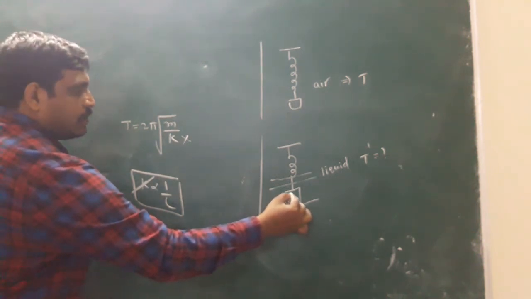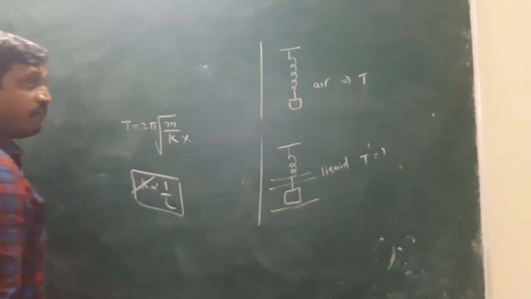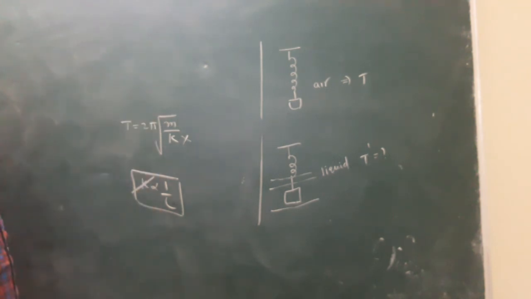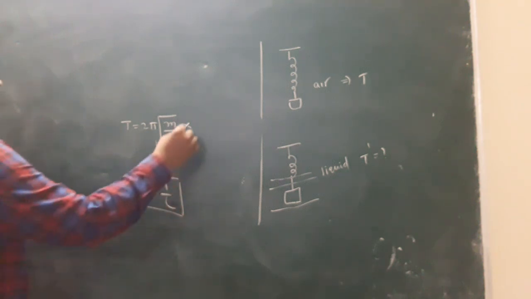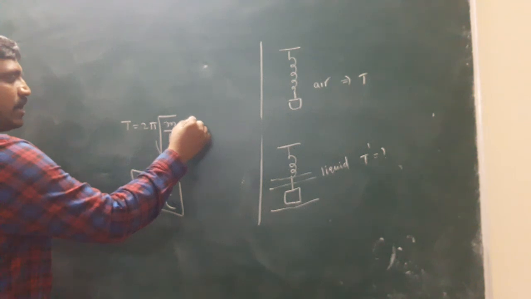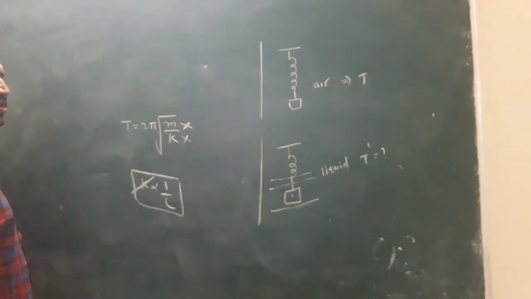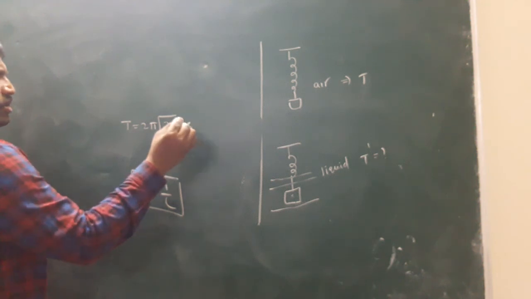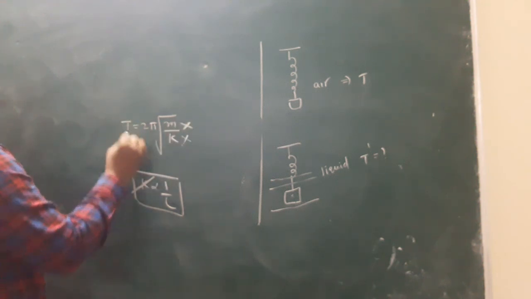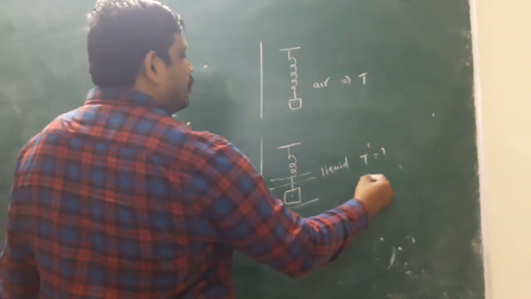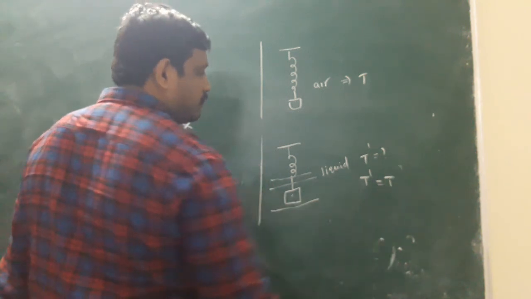When this body is placed in liquid, weight decreases because of buoyancy, but mass does not change. Weight changes, but the mass of the body is always fixed. So mass constant, K constant, time period also constant. T dash equals T.